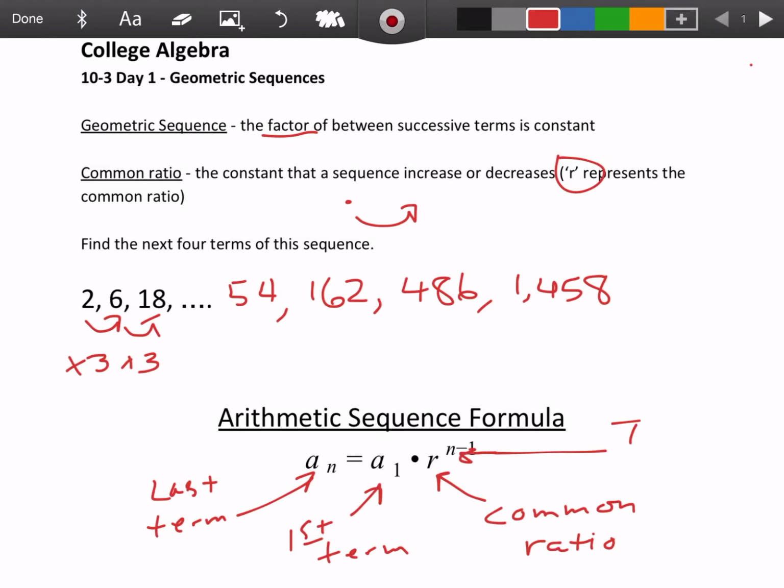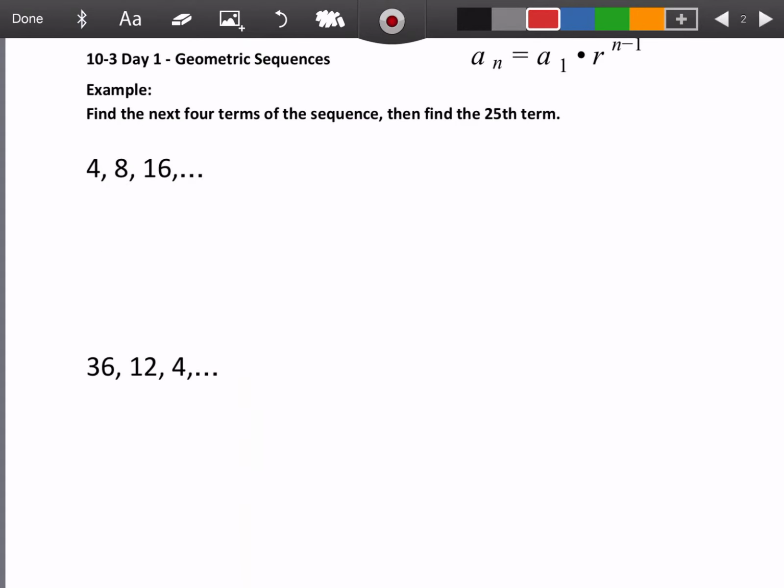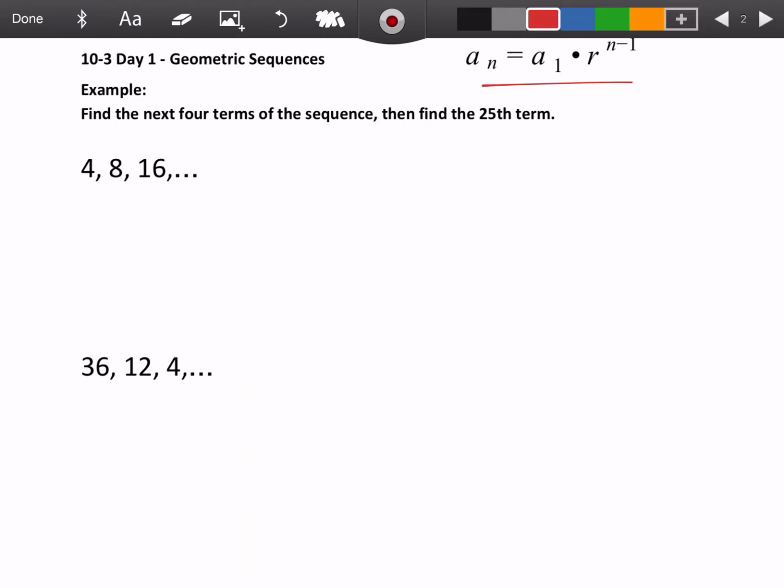And this n right here is going to be our term number. So if we were finding the fourth term, we'd plug in a 4 there. If we wanted to find the 50th term, we'd plug in a 50 there. So we're going to be using the geometric sequence formula. This is the correct formula.